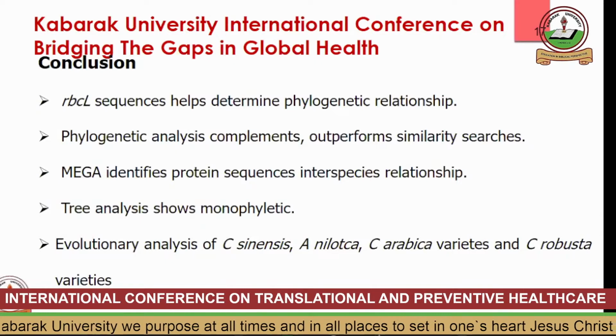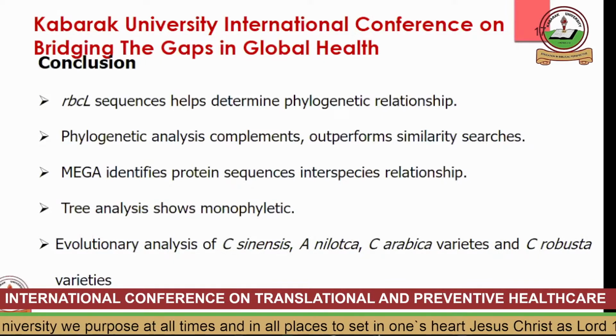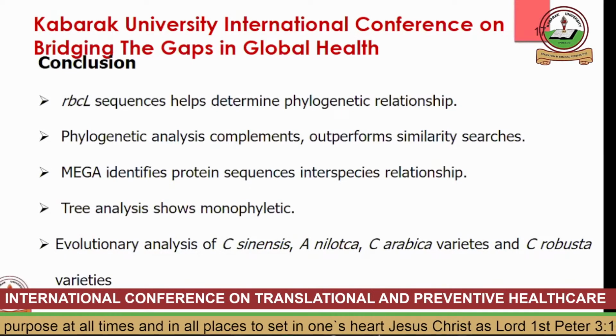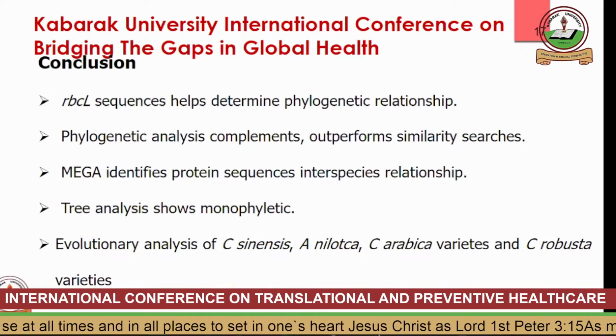So the phylogenetic analysis complements and also performs similarity studies between plants, and this software known as MEGA, which is an offline software that you can install on your PCs, is the one that can identify protein sequences and also interspecies relationships.